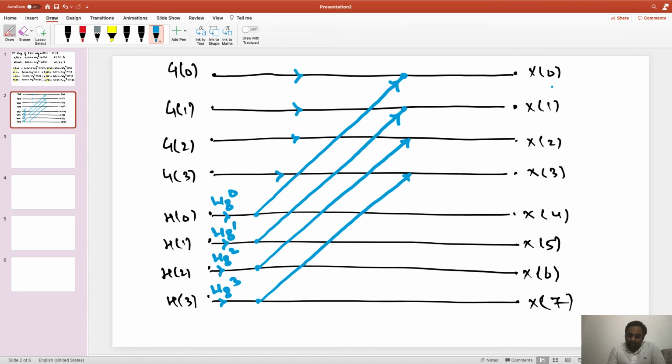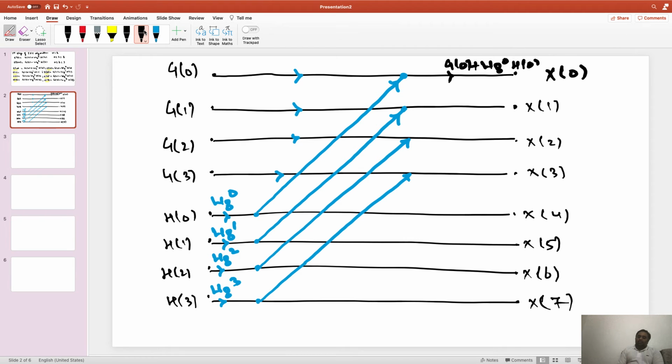So now we have defined capital X0 to capital X3 in terms of the weighted sums of G and H by these arrows. So these dots actually mean summation. So this dot means G0 plus W8^0 H0. So this is what comes over here. So I'll just write 1 for clarity. So this actually represents G0 plus W8^0 H0, right? So let me just take it slightly here so that everything is visible.